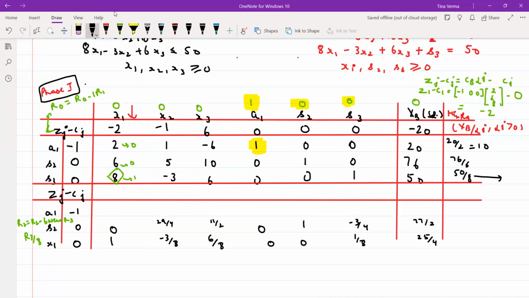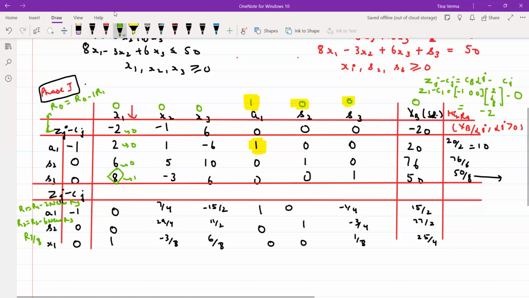And this you have to also make 0, so you can apply your row operation. R1 will be R1 minus 2 times your new R3. When you apply this operation, this will become 0, 7 by 4, minus 15 by 2. This is 1, 0, minus 1 by 4. And this is my 15 by 2. And this entry you also have to make 0.